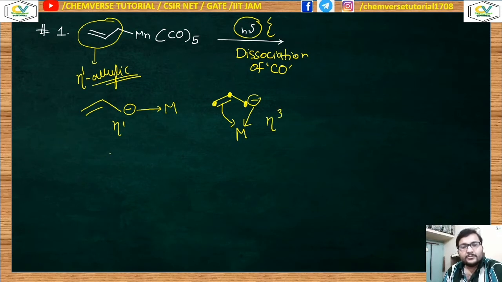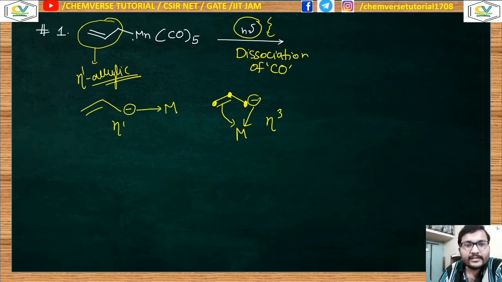Okay, so the allylic ligand can have two types of hapticity. It can form a hapto-1 complex, it can form a hapto-3 complex. Based on the requirement, it can change its hapticity. So the allylic ligand is a flexible ligand which can change the hapticity as per the requirement.